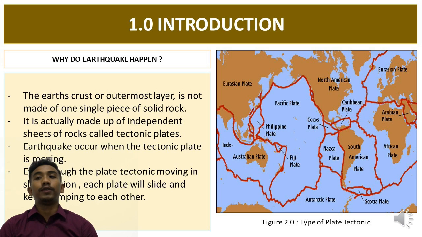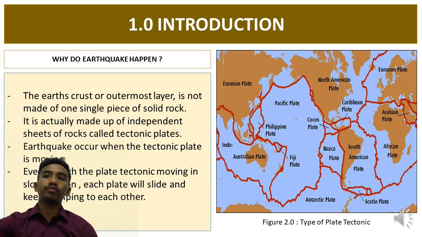Even though the plates move in slow motion, each plate will slide and keep bumping into each other. We have a few plates; we are in Southeast Asia, and the Indo-Australian plate is our region. Then we have the Pacific plate, American plate, African plate, and so on.